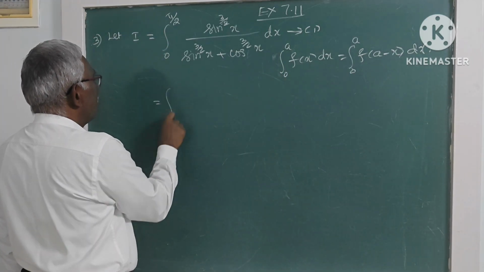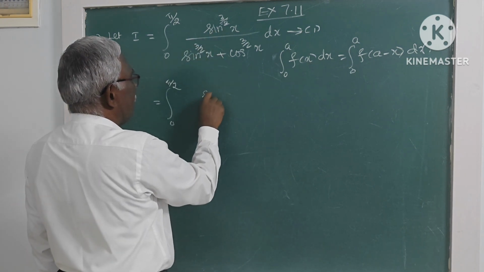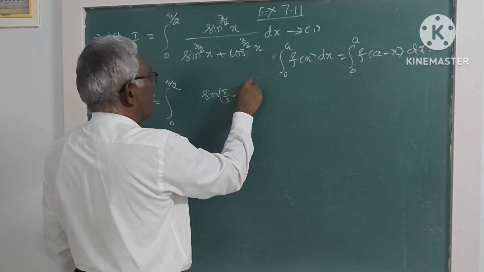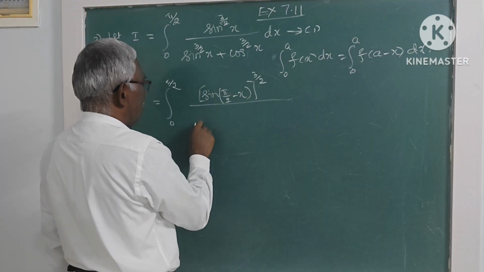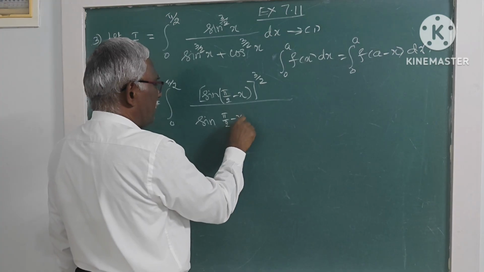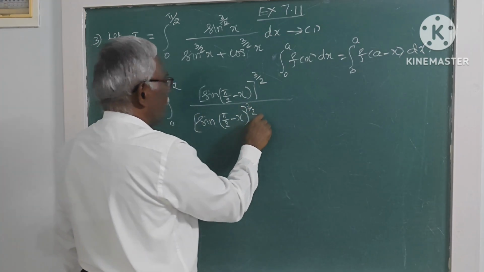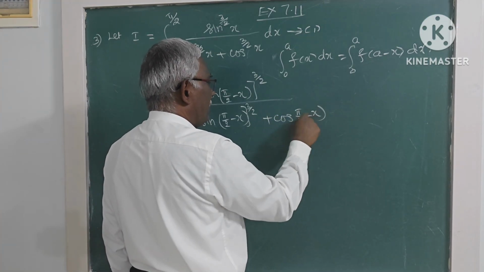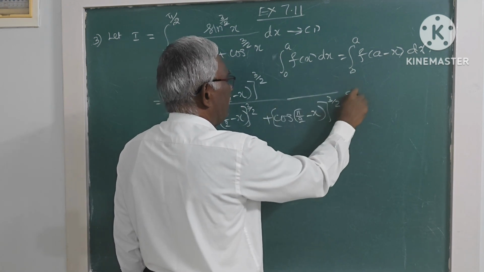This is equal to integral 0 to pi by 2 sin of pi by 2 minus x power 3 by 2 divided by sin of pi by 2 minus x power 3 by 2 plus cos of pi by 2 minus x power 3 by 2 dx.